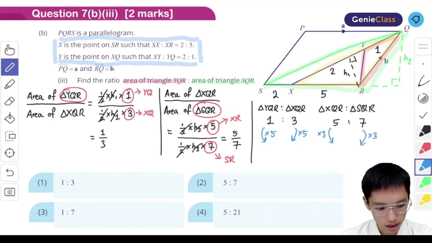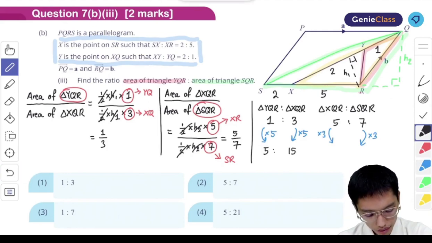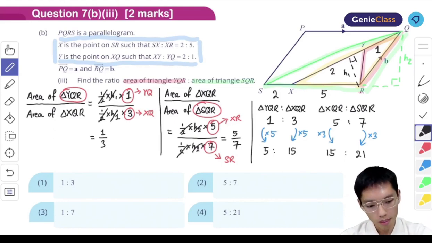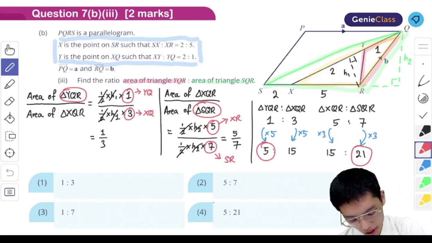This then gives me 5, 15, and 21. So you realize now the common numbers are common. We can make this into one ratio, but to save steps, we just need these two numbers. YQR to SQR. So therefore, this is my answer.